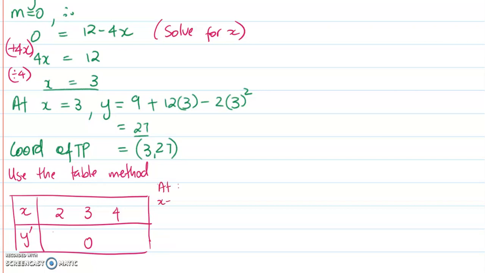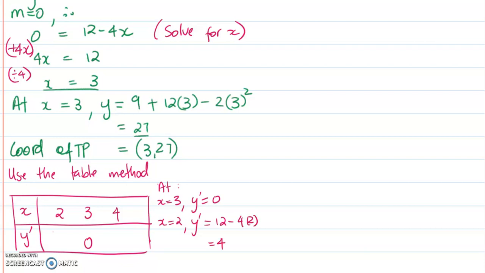So at x equals 3, y dash was 0. When x is equal to 2, y dash was 12 take away 4 into 2, which means 12 take away 8, and that gives us 4.